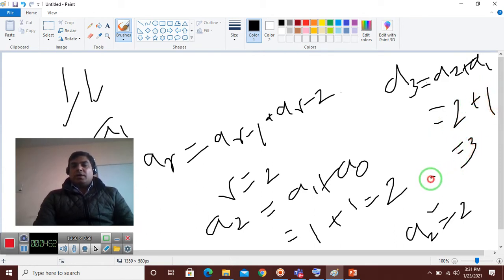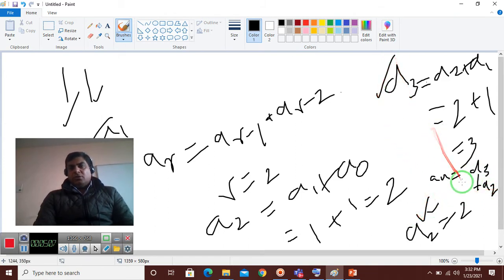If you want to find a4, you put 4 minus 1, that is 3, and 4 minus 2, that is 2, so it becomes a3 and a2. a2 and a3 are already calculated, so you are able to calculate a4: 3 plus 2, that is 5.